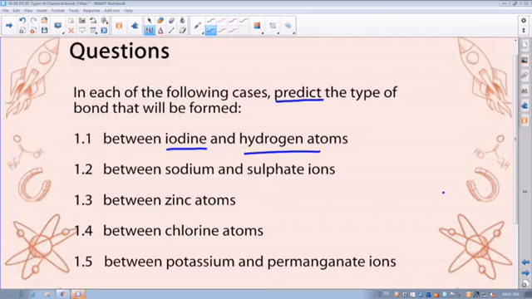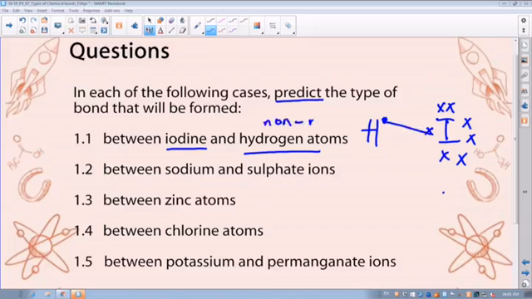Hydrogen has just 1 valence electron, and iodine has 7 valence electrons because it is in group 17. So the periodic table becomes very relevant. What happens is that there will be sharing of electrons, given that these are non-metals, which takes us to covalent bonding.